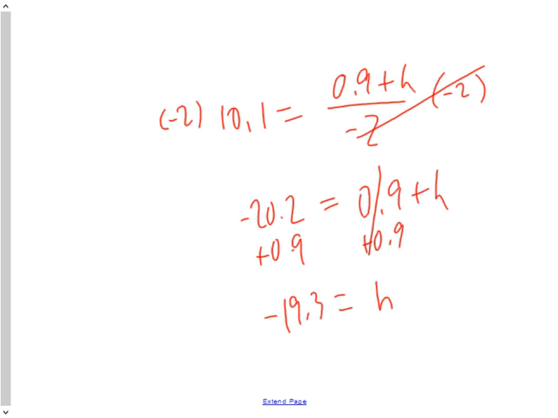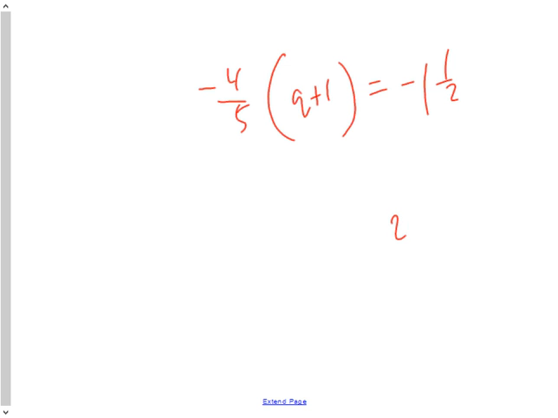And the last question of your homework was negative 4/5 bracket q plus 1 equals negative 1.5. Okay, so I'm going to show you using division first. So if I gave you this question here, and you used division first, you would have done this. Agreed? Yes, Mr. Mack. So I am going to divide both sides by this, for no other reason than I can.